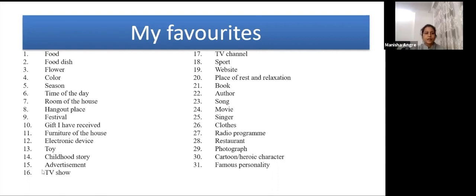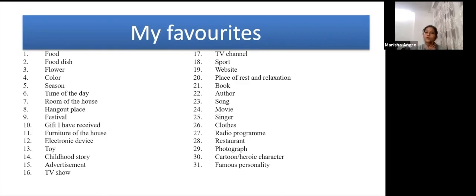Childhood story, advertisements, yes. In the last few months there were a lot of questions on advertisements. So yes, your favorite advertisements, why do you like it, what makes it your favorite advert. TV shows, TV channels, sports. They do ask you questions on sports. And in sports, something that is coming up very peculiar is water sports.